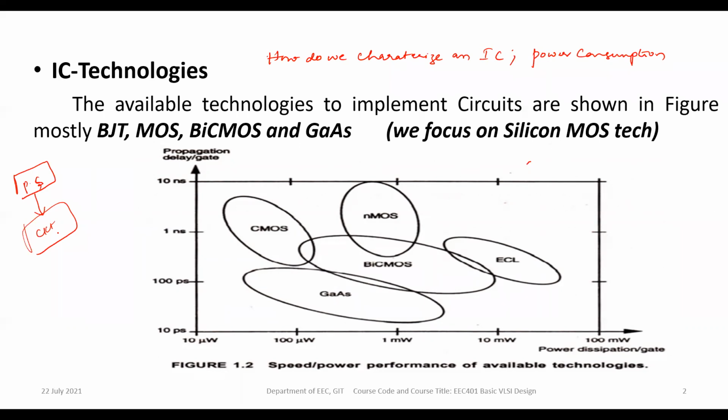Whenever the power is taken from the power supply, it activates the transistors existing in the circuit, right? So when one transistor is switching from on to off, there are so many transistors in the IC. Each and every transistor will be on and off depending upon the input signal that you apply.